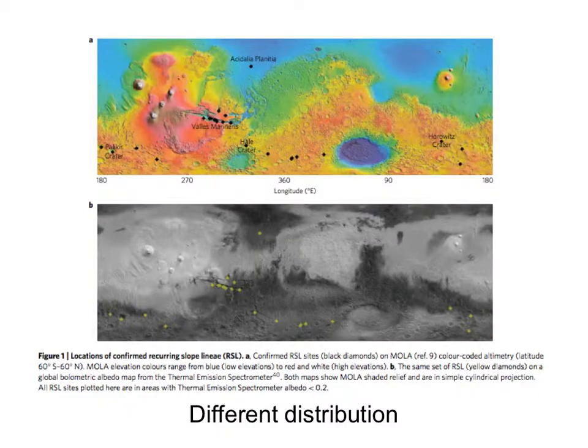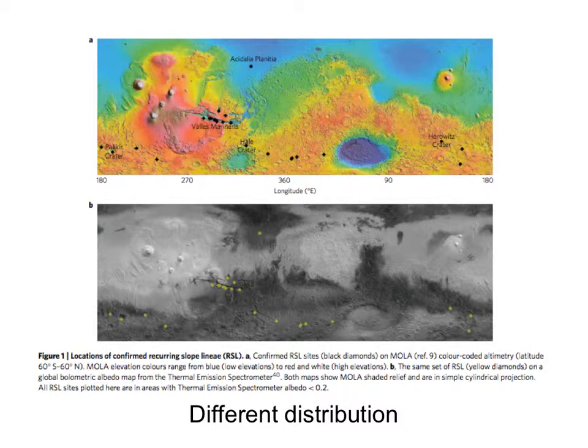I mean, clearly that's why people are excited about these structures, because they could represent pockets of groundwater just below the surface that could be available for microbes and could be available for us.